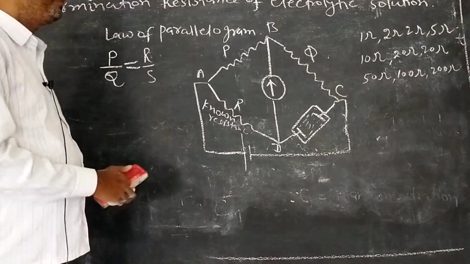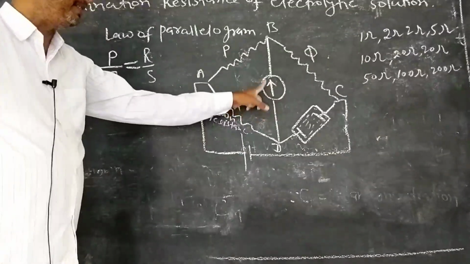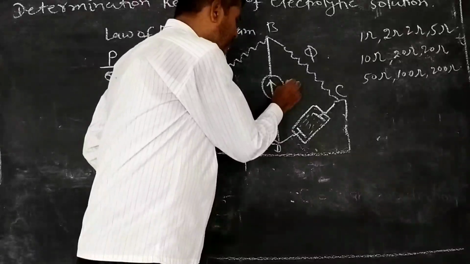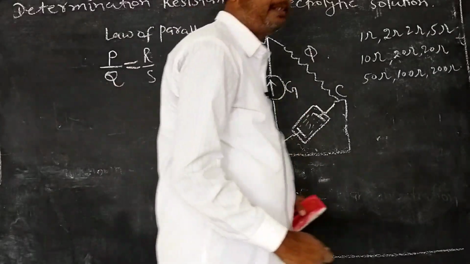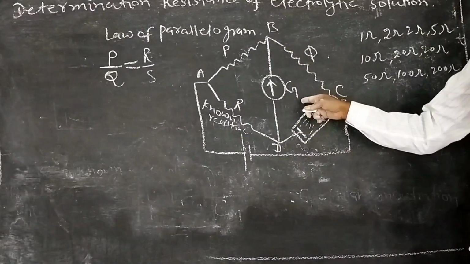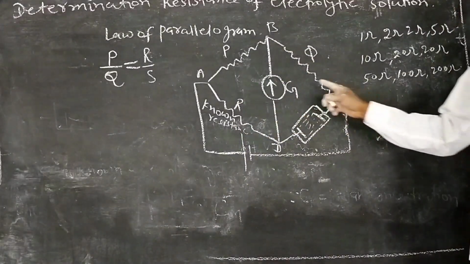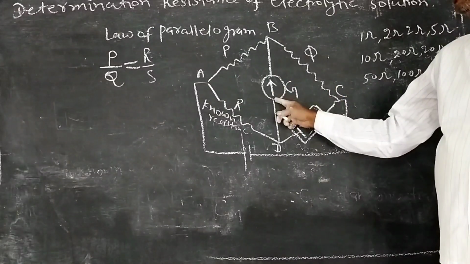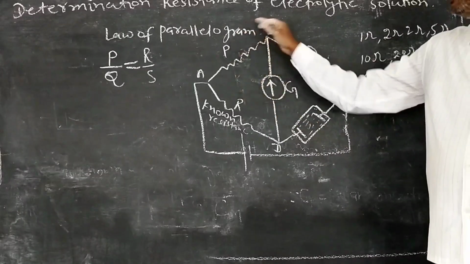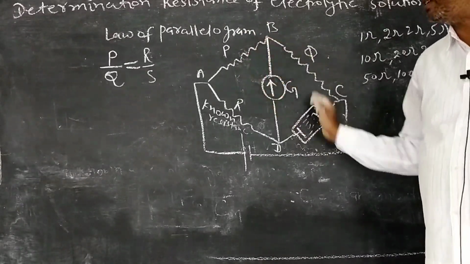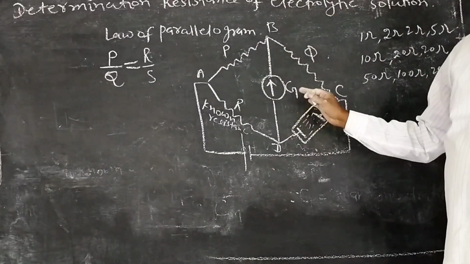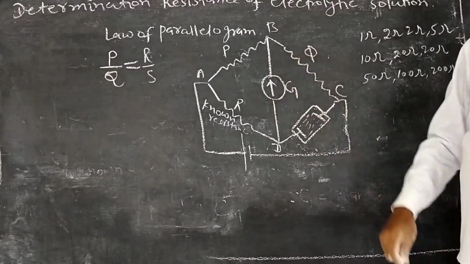So when the cell is balanced, there is no deflection in the needle of galvanometer. It is known as G, galvanometer. It decides the direction of current in the circuit. If needle of galvanometer is not vertical, it means our circuit, Wheatstone bridge, is not under equilibrium.